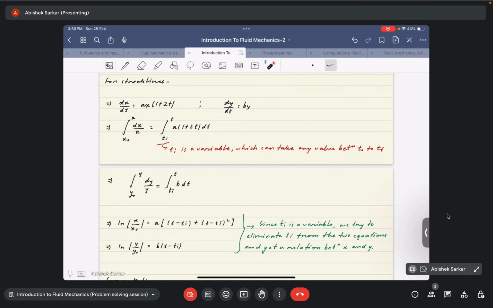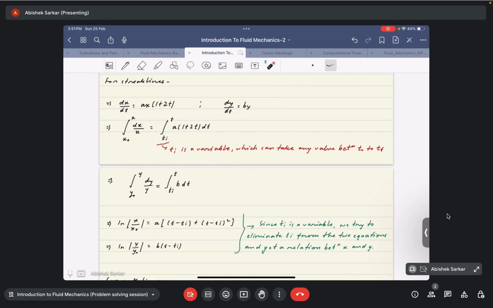Because for each and every particle whose streak line we are going to obtain, ti will be different. The time of injection of this particular particle would be different. It will correspond to a different initial time for each and every particle, and thus ti would vary from particle to particle.